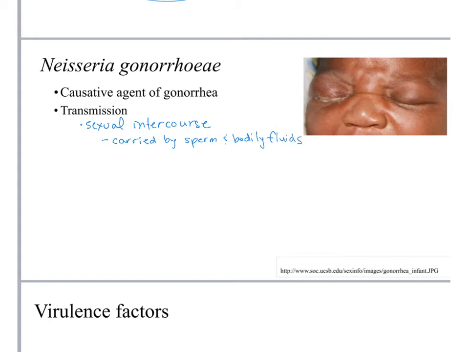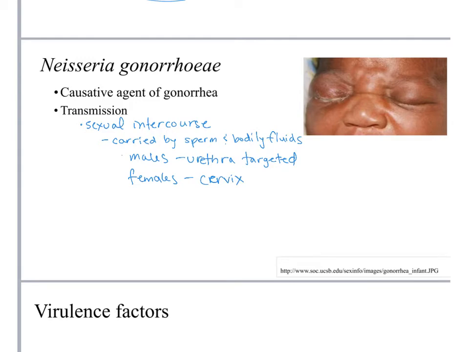Okay, and due to differences in anatomy, there's different places targeted. Okay, for the males, the urethra is targeted. And in females, cervix is targeted.